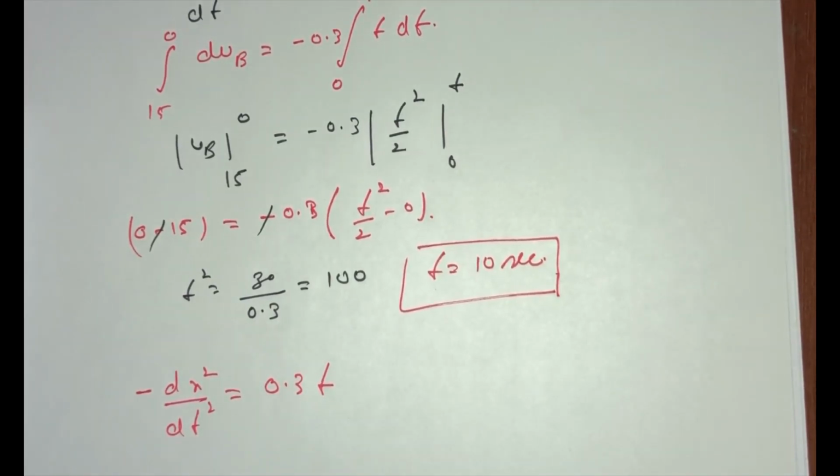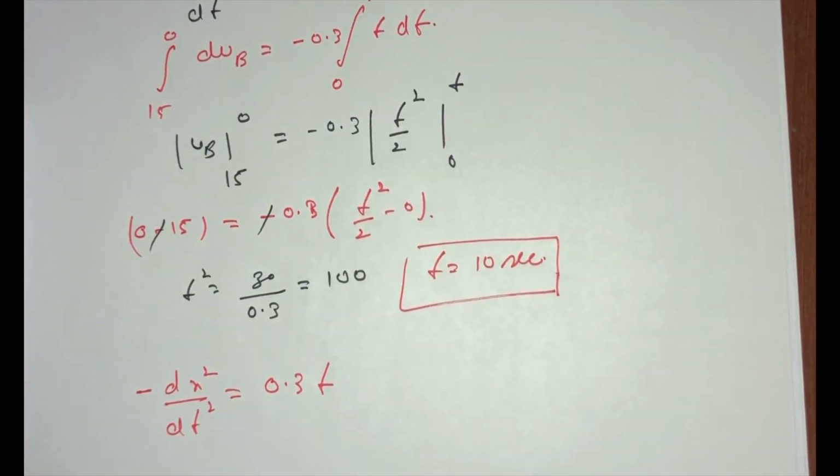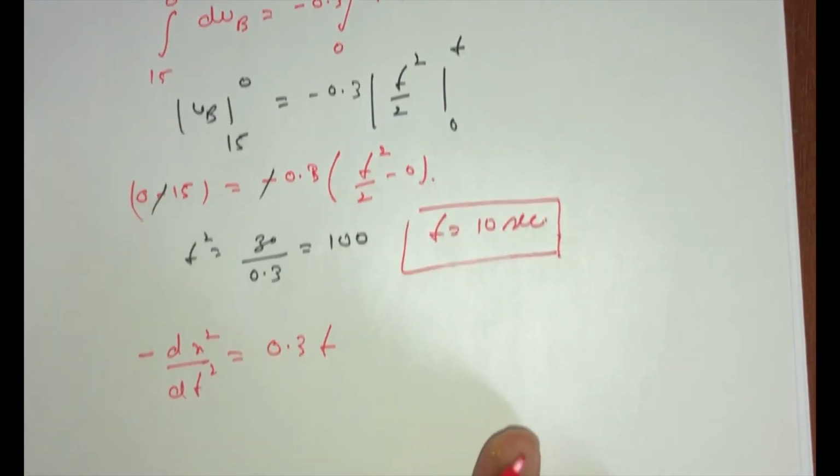We simply substituted the acceleration by the second derivative of distance x for B, continuing with train B. Next, we integrate it first.